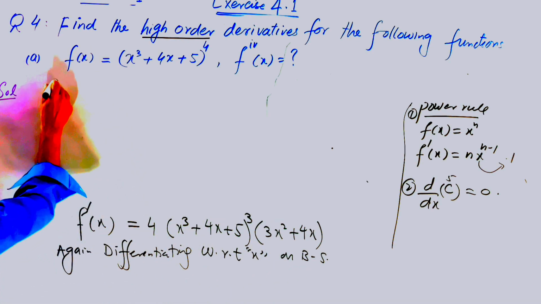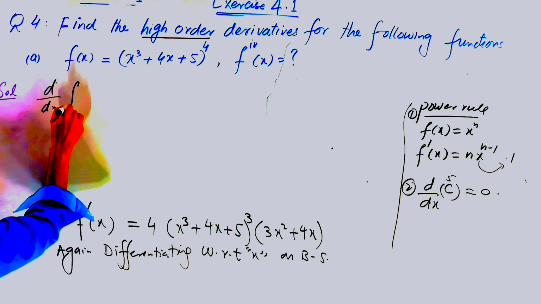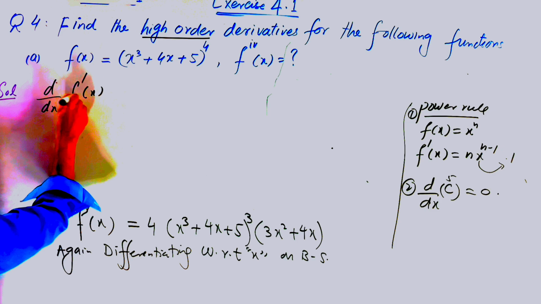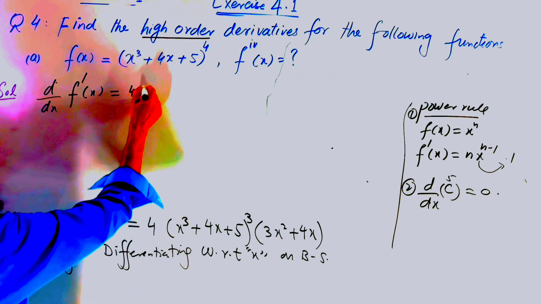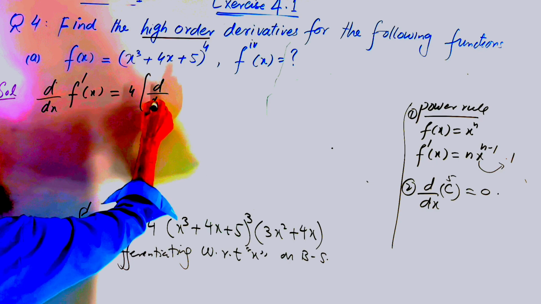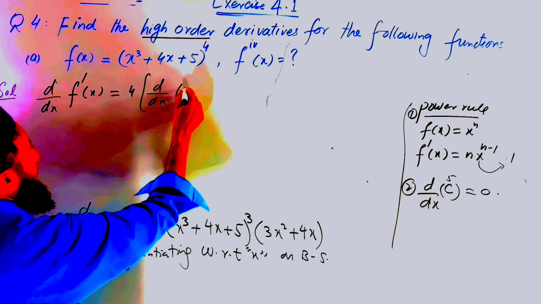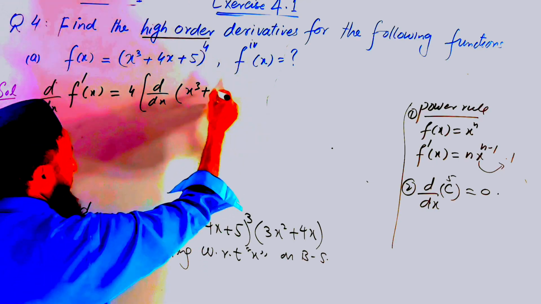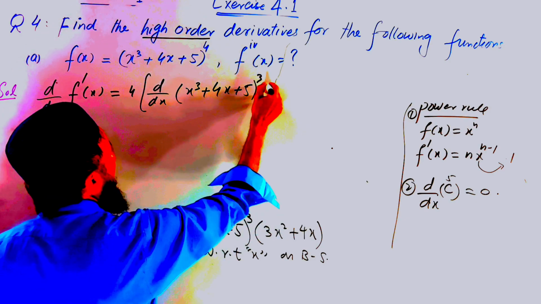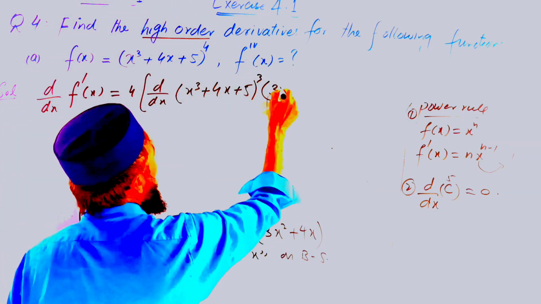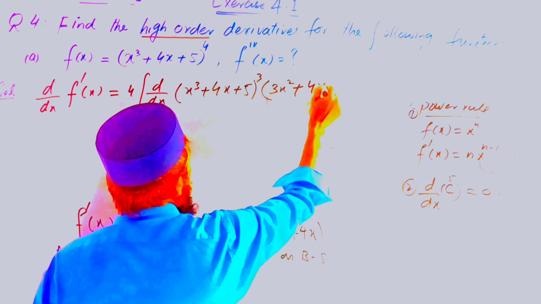So d/dx f dash x is equal to d/dx of 4, which is a constant, we take it outside, times (x cube plus 4x plus 5) whole cube into (3x square plus 4x).